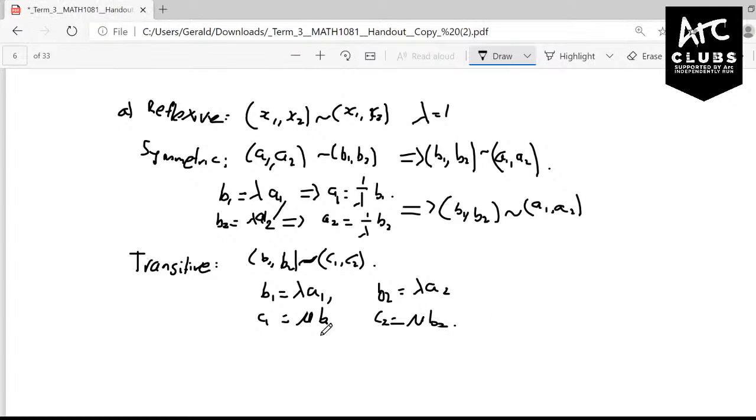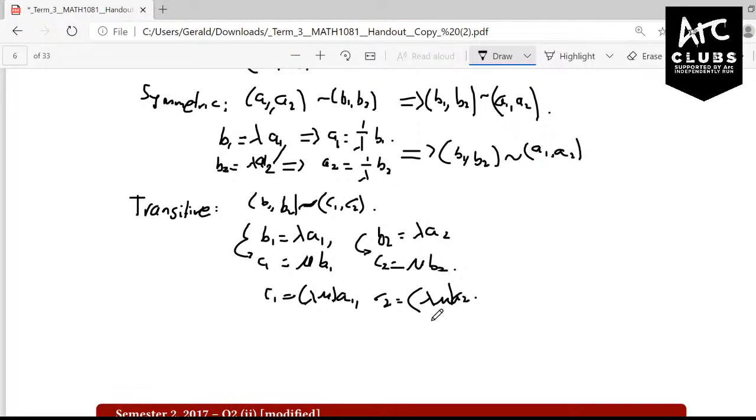From here, we can just substitute this expression into here, and we can substitute this expression into here, and we do end up with C1 equals lambda mu A1 and C2 equals lambda mu A2.